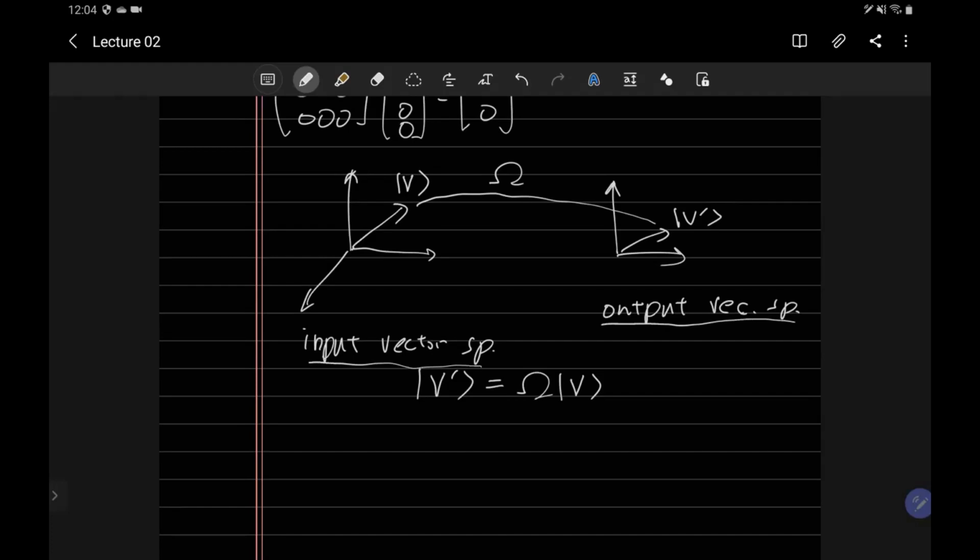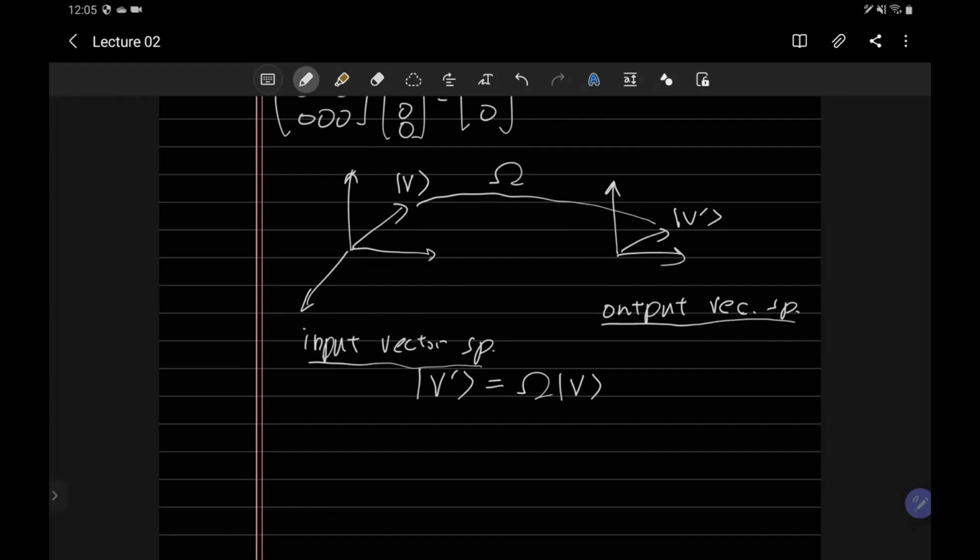While I'm explaining many things, I might use separate input and output vector spaces for clear explanation. But whenever I draw different input and output vector spaces, just assume that they imply the same thing.